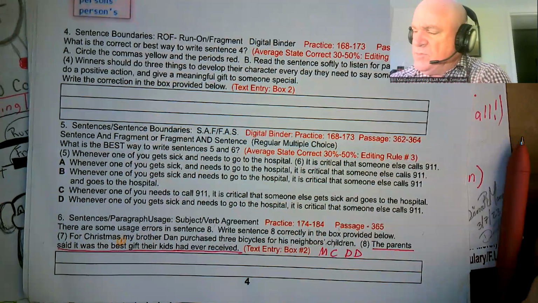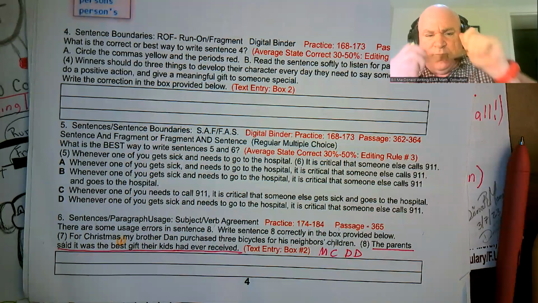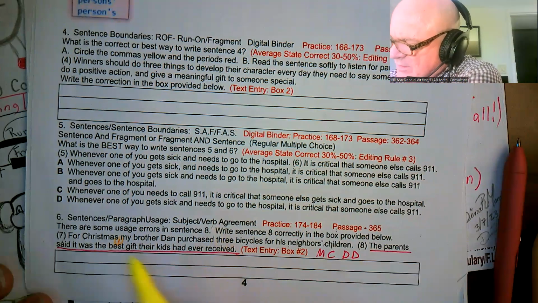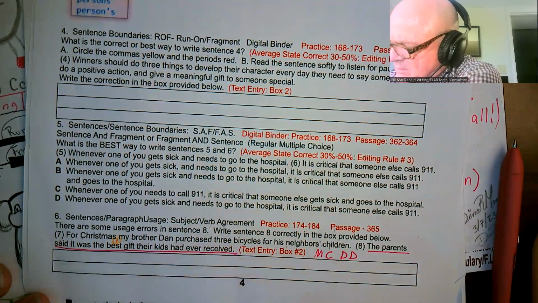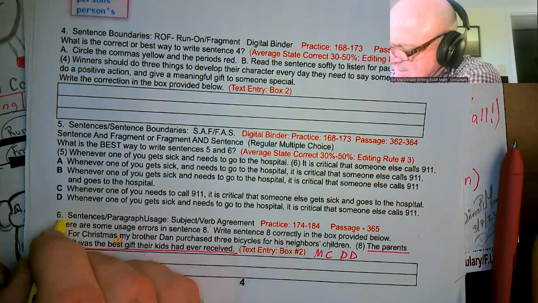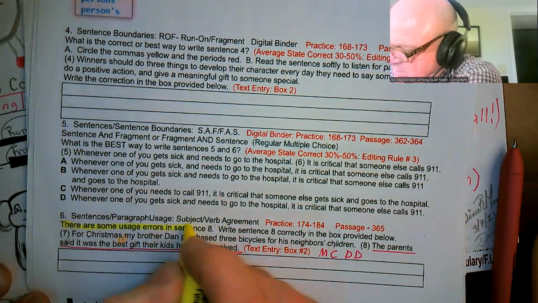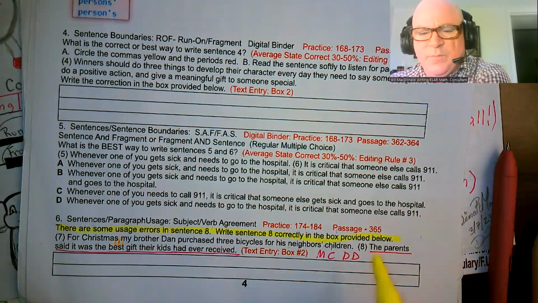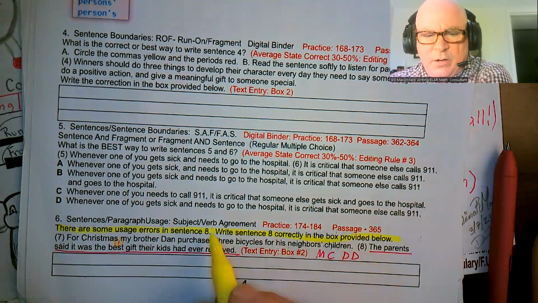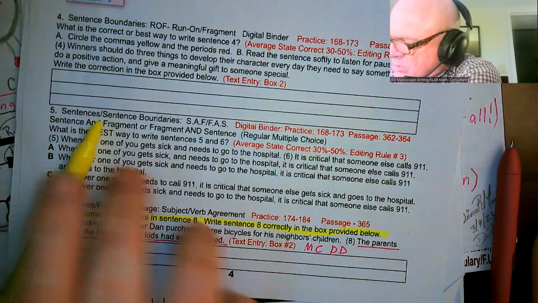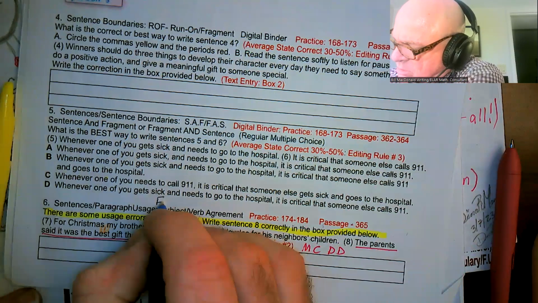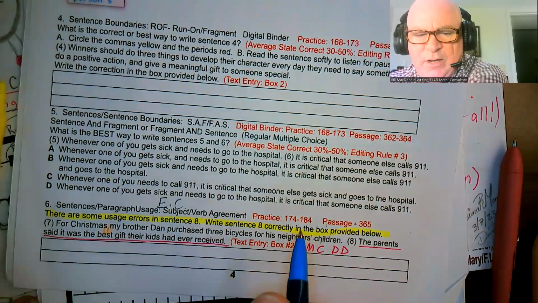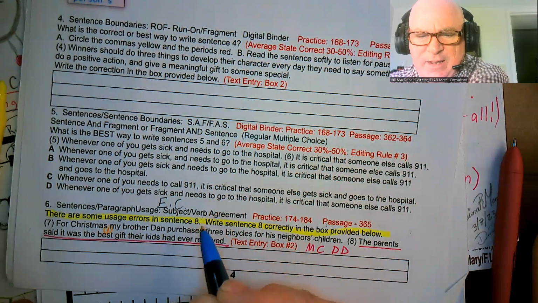So if this was online, you would see something like this in question 6. It'll say something like, what error, what change, the EC questions, what error, what change should be made in sentence 8.